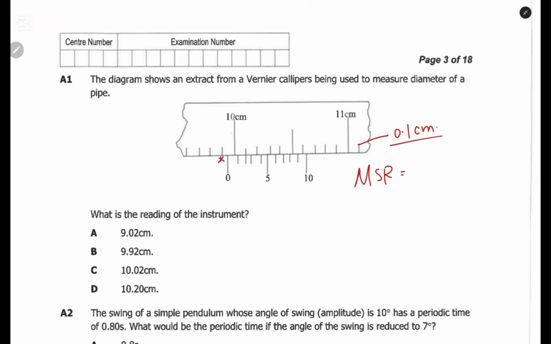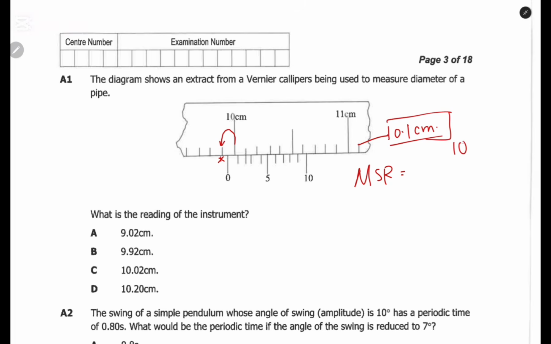To find the reading at this point, the only way out is to subtract 0.1 per division that we move backward. How many steps? One step, which is just one division, 0.1.